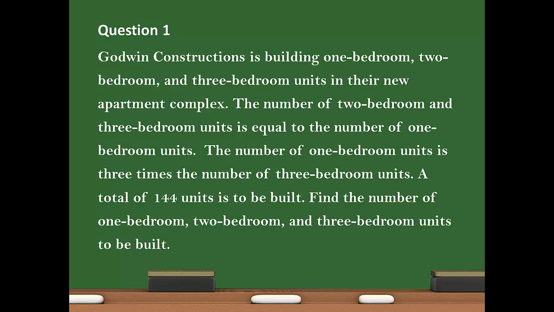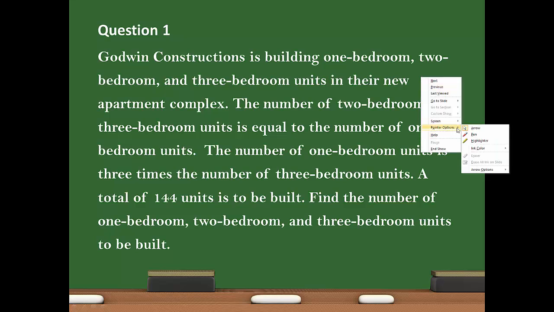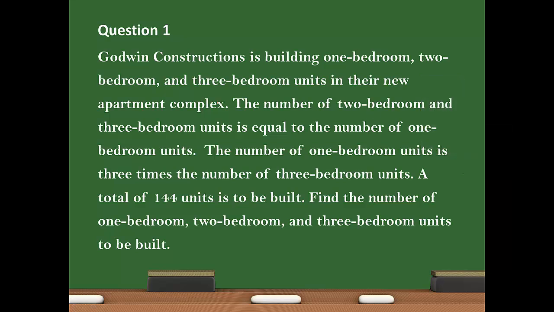So, if we look at this question, we have 3 things we are talking about here. We have a 1-bedroom, 2-bedroom, and 3-bedroom units. So these are the 3 variables. We have to assign variables because what did they ask us?